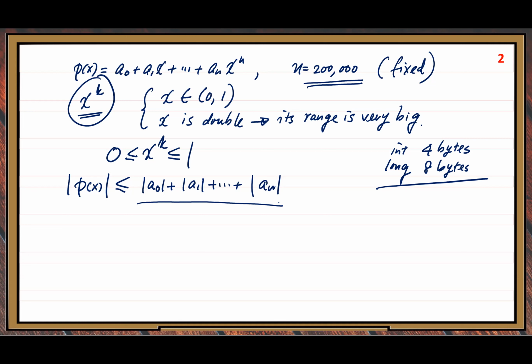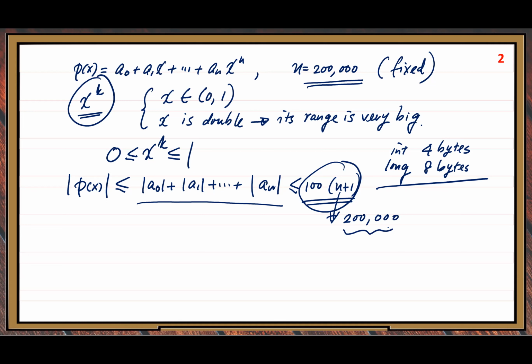The largest coefficient is 100, so it is less than or equal to 100 times n plus 1. The upper bound of this polynomial is controlled by this number, and the n we choose is around this number.